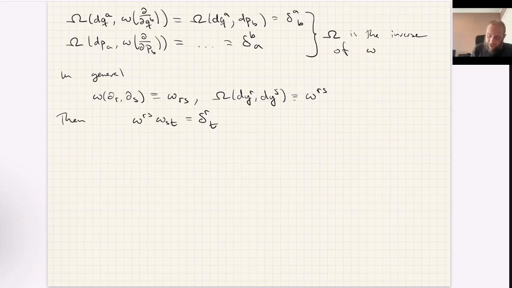In this case, we have a two-form which maps vectors to dual vectors, and a 2-0 tensor which maps dual vectors to vectors. So it's similar but different, because it's not symmetric. It's antisymmetric.